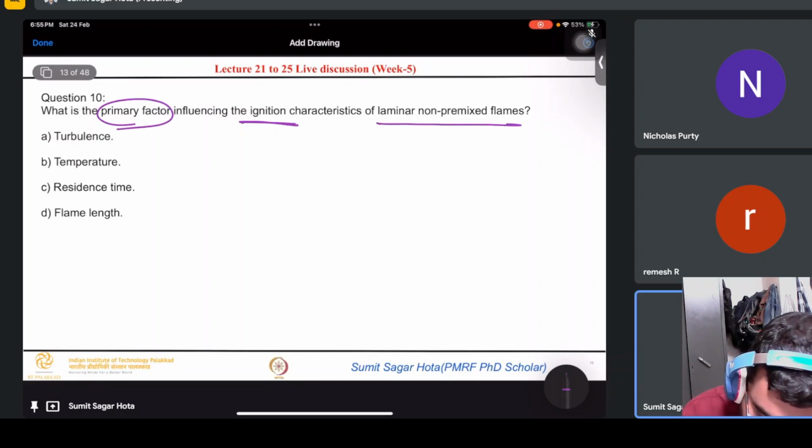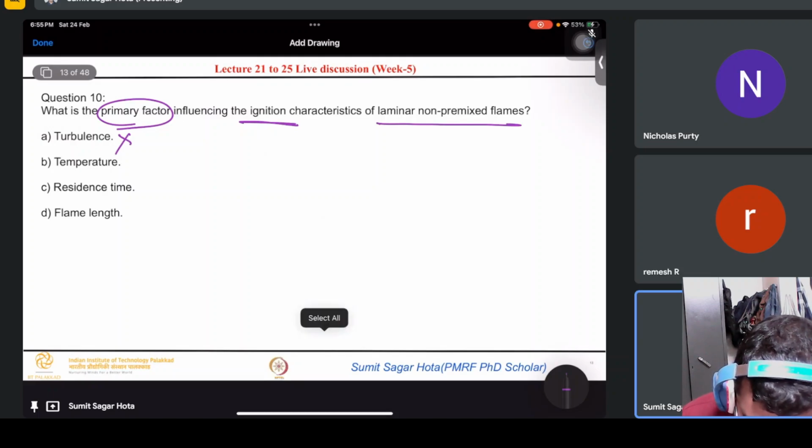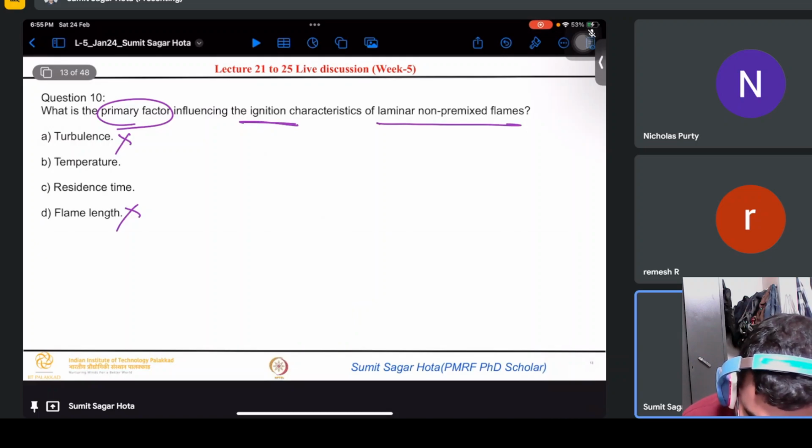Ignition characteristics can be affected by turbulence, but it's not a primary factor. It can be affected by flame length, that is, the height of the flame from the inlet. All these things matter, but they are not the major factor, since they are considered only after combustion.